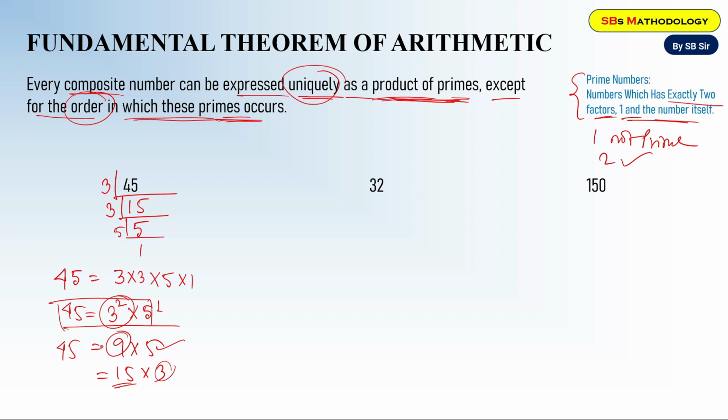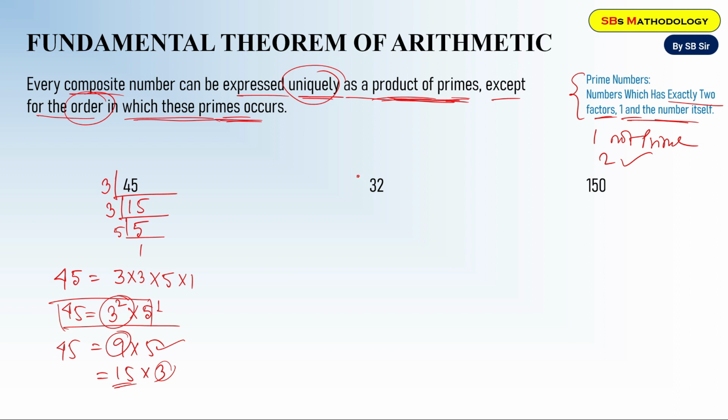This does not affect the uniqueness of the expression of the composite number. So this is what the exception says. The primes can occur multiple times, not necessarily only 1 time. Any prime number can occur multiple times.